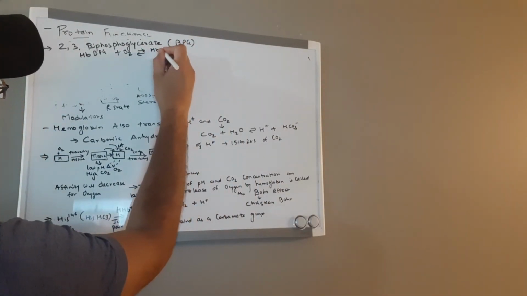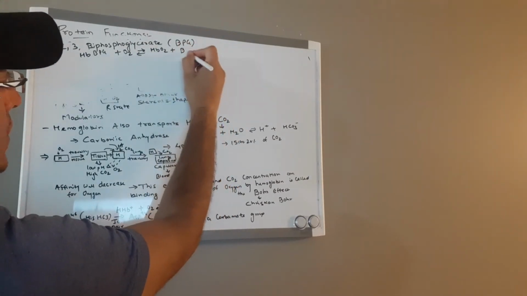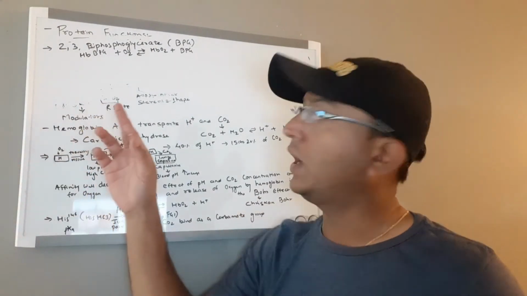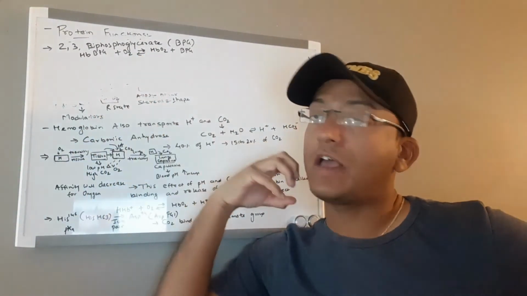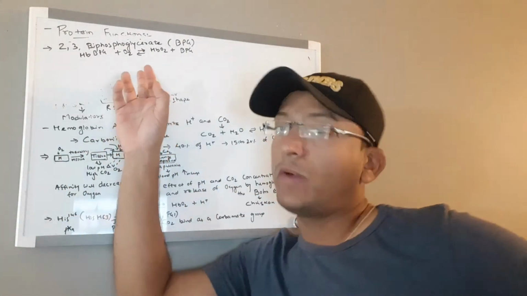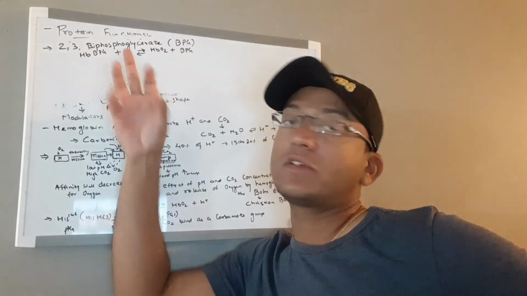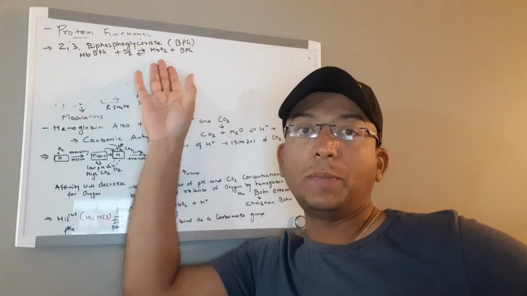This is like this plus the BPG. So this 2,3-bisphosphoglycerate reduces the affinity of hemoglobin for oxygen. That is why there is an inverse relationship between the oxygen and the binding of BPG.